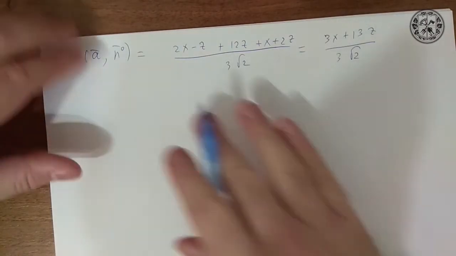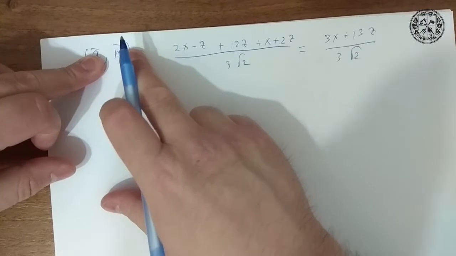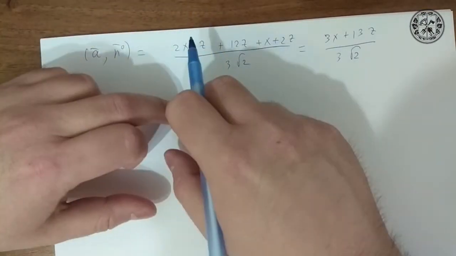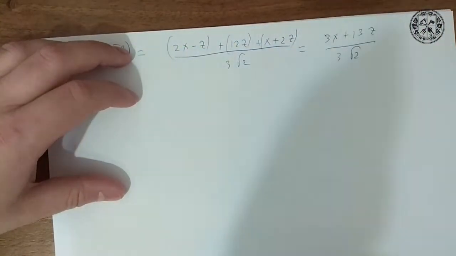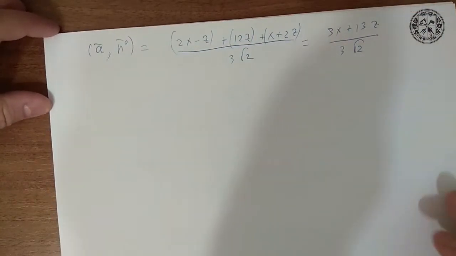Here we multiply each coordinate of a by each coordinate of n0. We multiply first coordinates, second coordinates, third coordinates, and then add the results. And we get this expression.